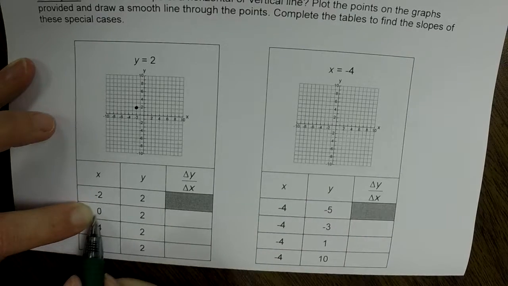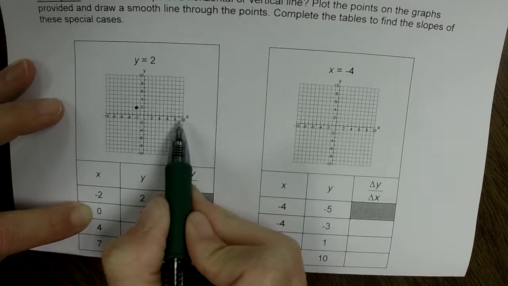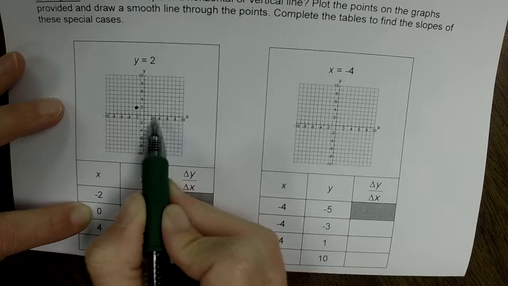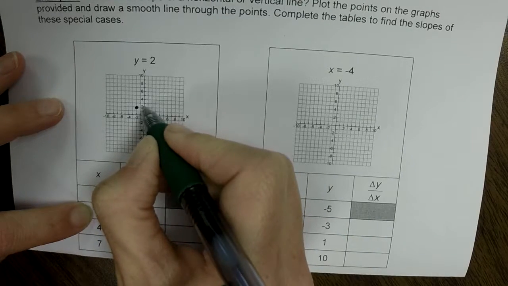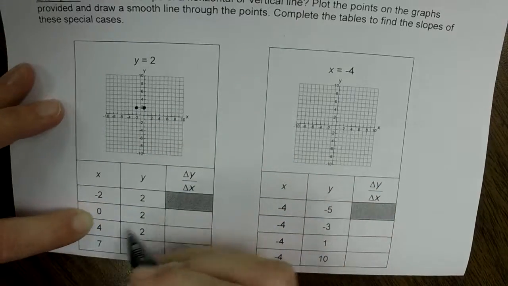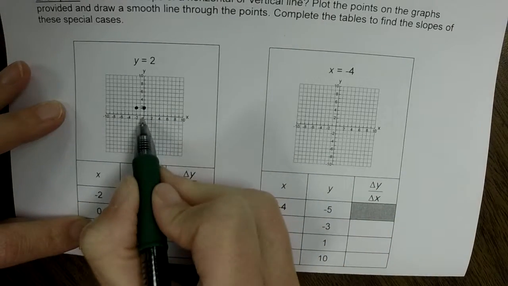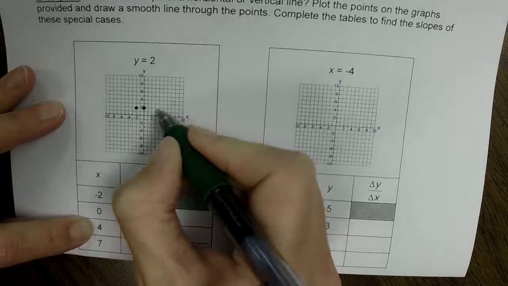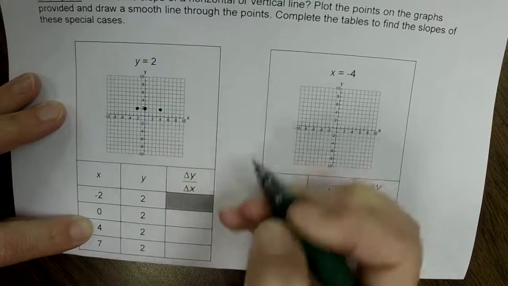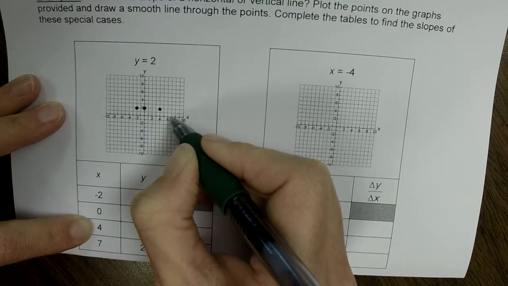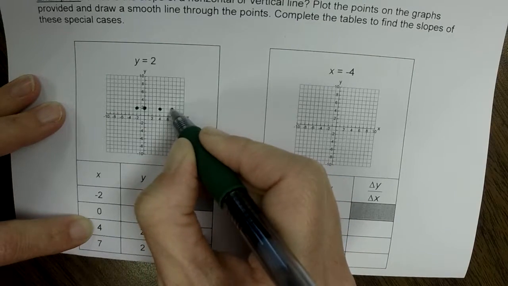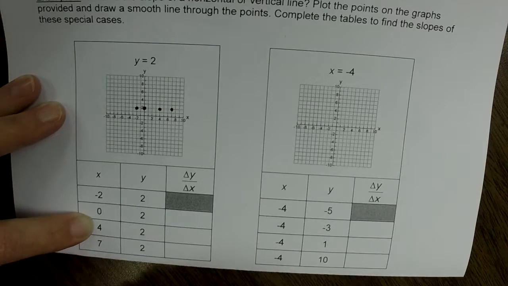The next point is 0, 2, so I need to go to 0 on x, and then 2 on y, which is here. 4, 2, so I would go to 4 on x, and then 2 on y. And then 7, 2, so I would go to 7 on the x-axis, and then 2 on y. So there's my 4 points.